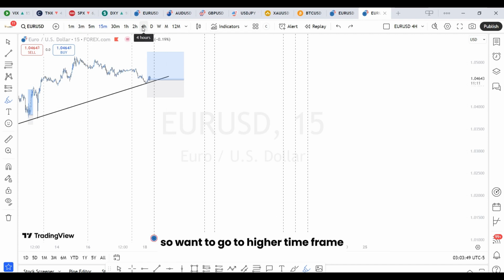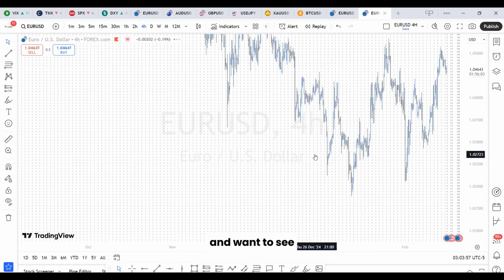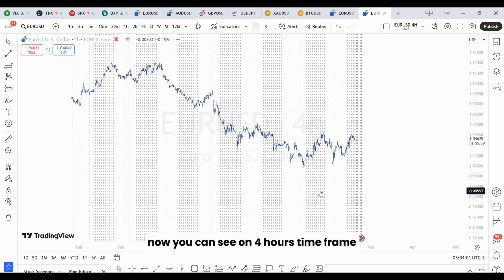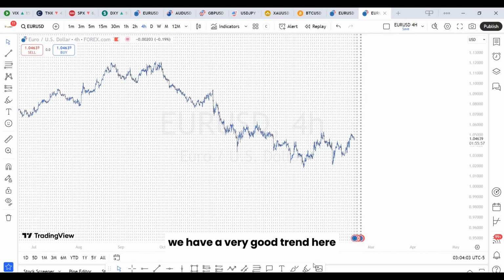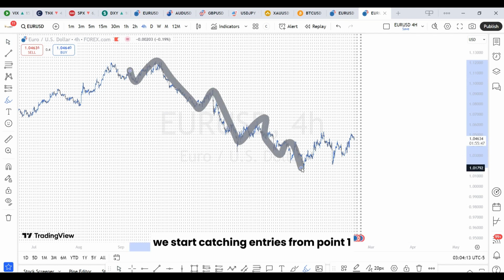So we want to go to higher time frame, let's say for example 4 hours, and we want to see what the trend is doing on the 4 hours time frame. You can see on 4 hours time frame we have a very good trend here. The market is coming, this is point A going down, point B going down, point 1, we start catching entries from point 1.